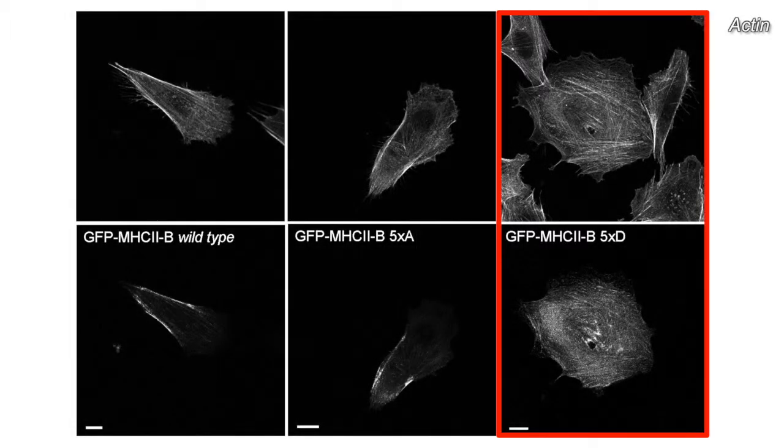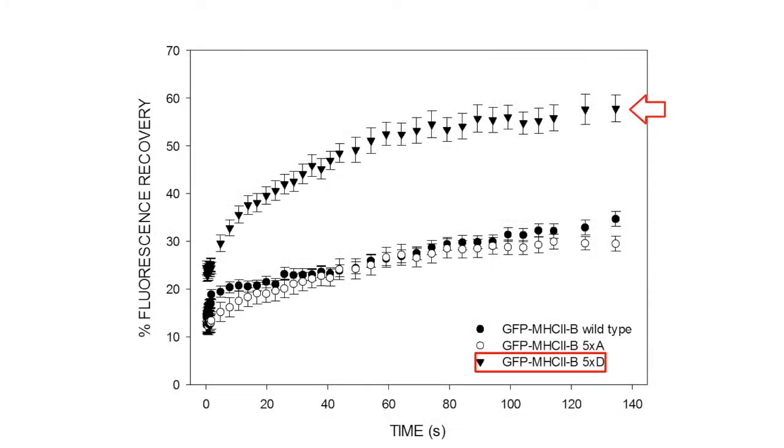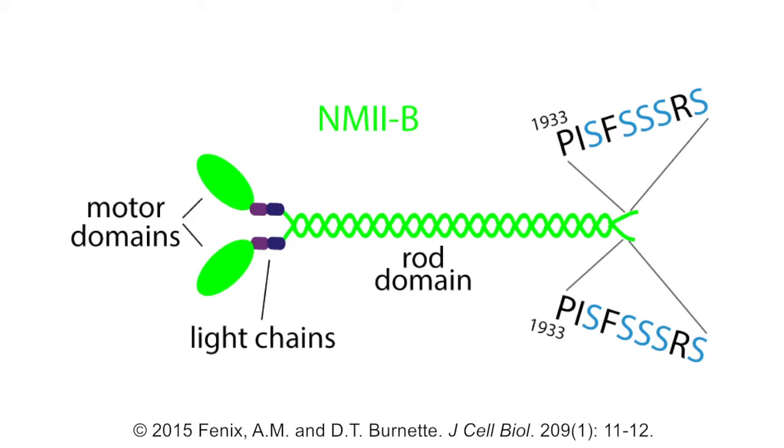They had more filaments, that's true, but those filaments were unable to sustain a stable rear, which suggested that these filaments were unstable, and we confirmed this by FRAP, and this indicated that this was likely a regulatory hotspot.